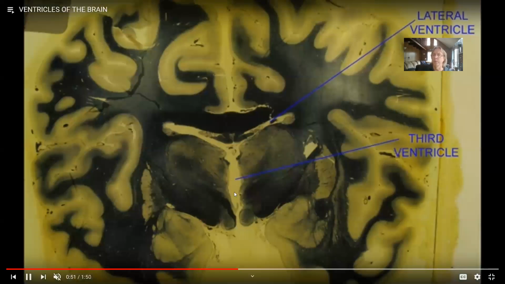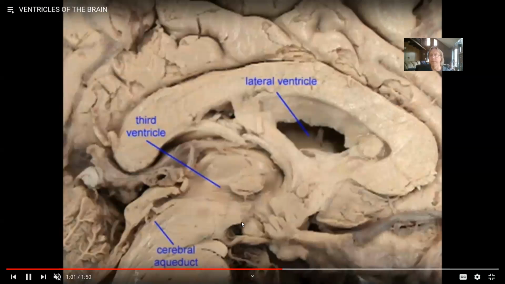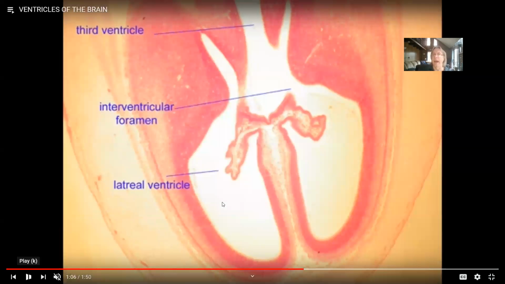The 3rd ventricle is along the midline, along the thalamus. Here you can see the lateral ventricles. There's the lateral ventricle. They would flow here into the 3rd ventricle, all right? The space where the lateral ventricle flows into the 3rd ventricle is known as the interventricular foramen, sometimes called the foramen of Monro.